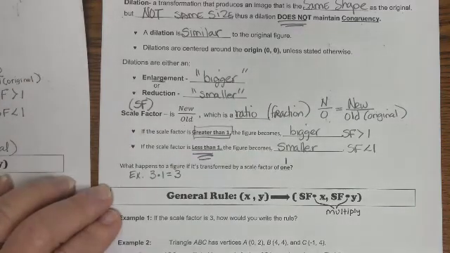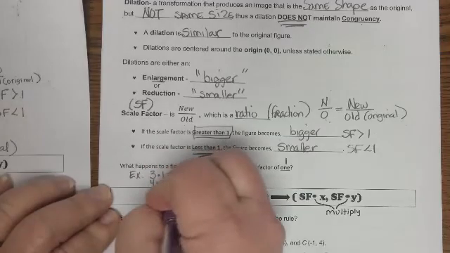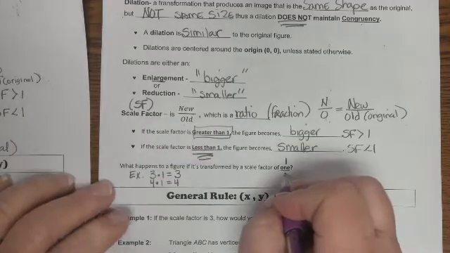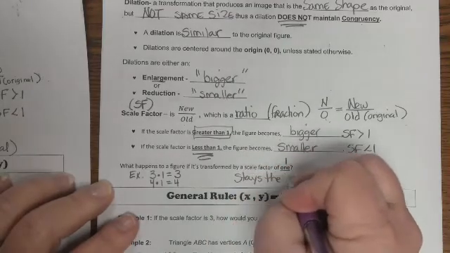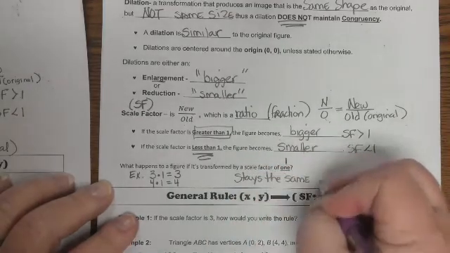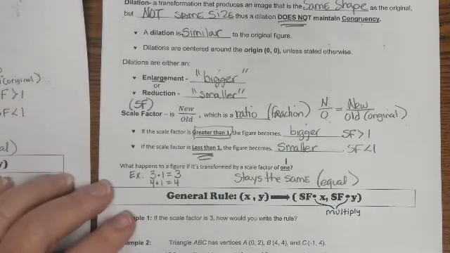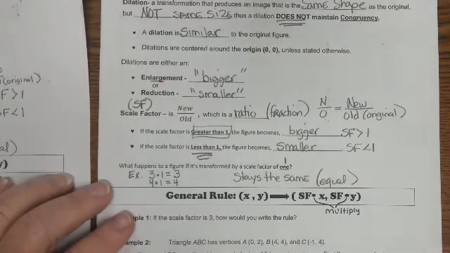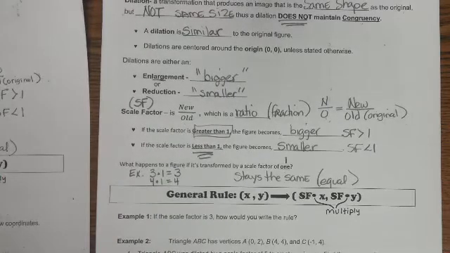It's 3, isn't it? Same thing for 4. 4 times 1 is 4. So what happens to it? It stays the same. It is equal. Okay, it stays the same size. All right. If you have a scale factor of 1, the figure is not increased or decreased.